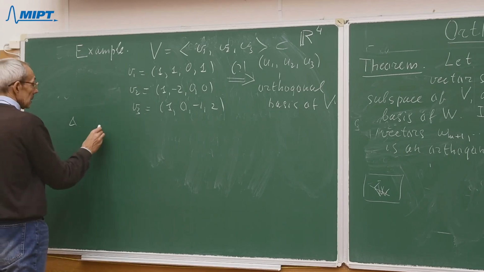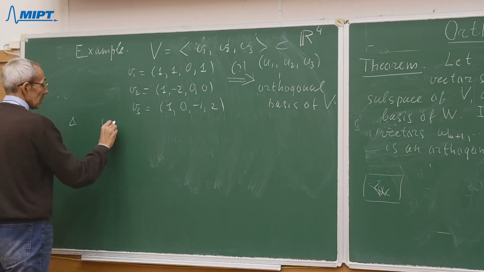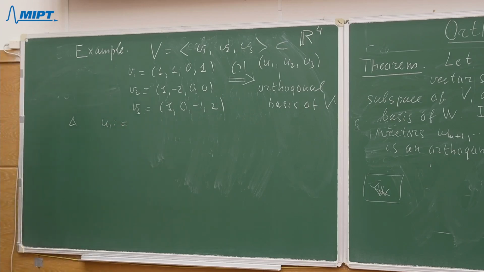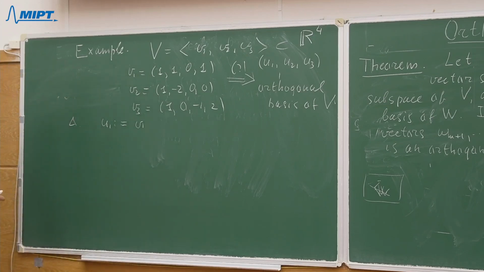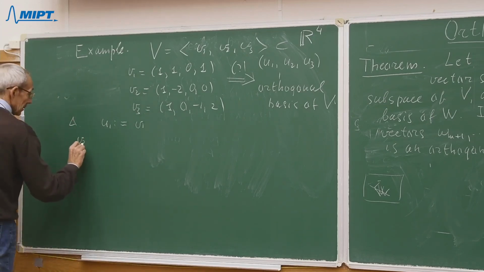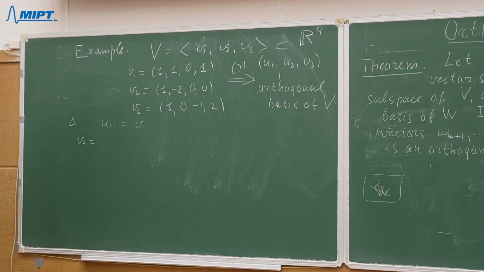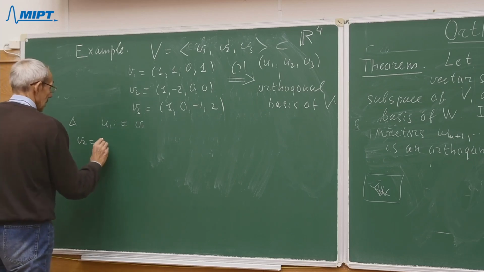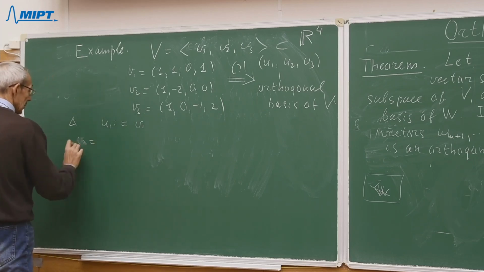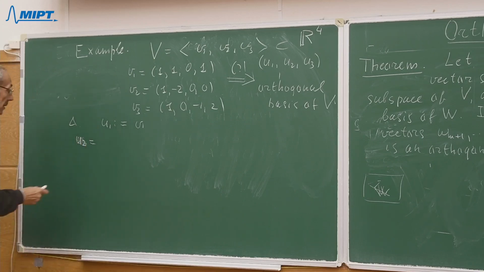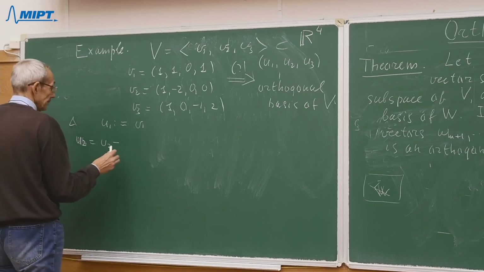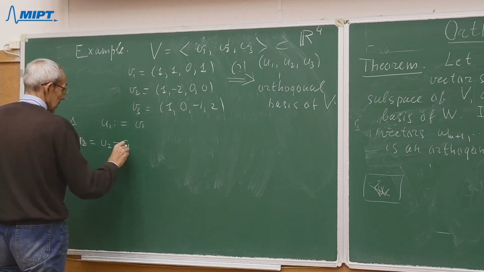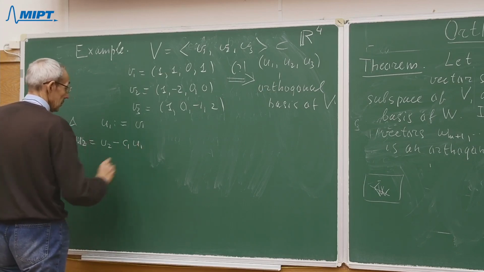First, the vector u1 we define as v1, the first step. And the second vector u2 we define as the difference v2 minus c1 u1.